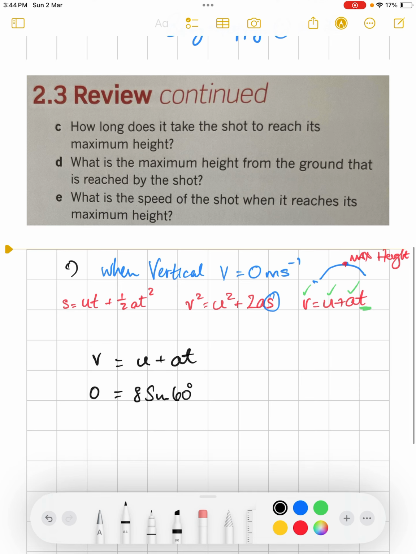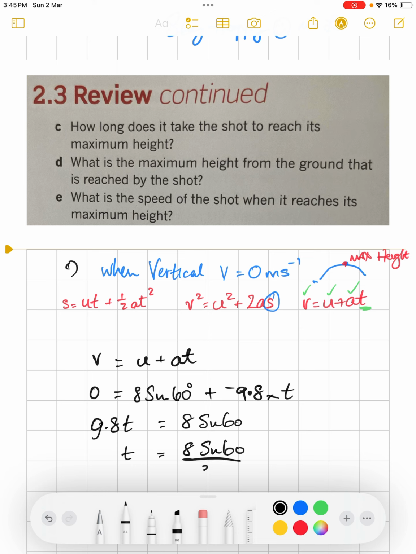I'll just leave it as 8 sine 60, plus negative 9.8 times T. We'll take 9.8T across to the other side, therefore T is 8 sine of 60 divided by 9.8. Now we've got an initial velocity that is positive, we've got 0, we've got negative.